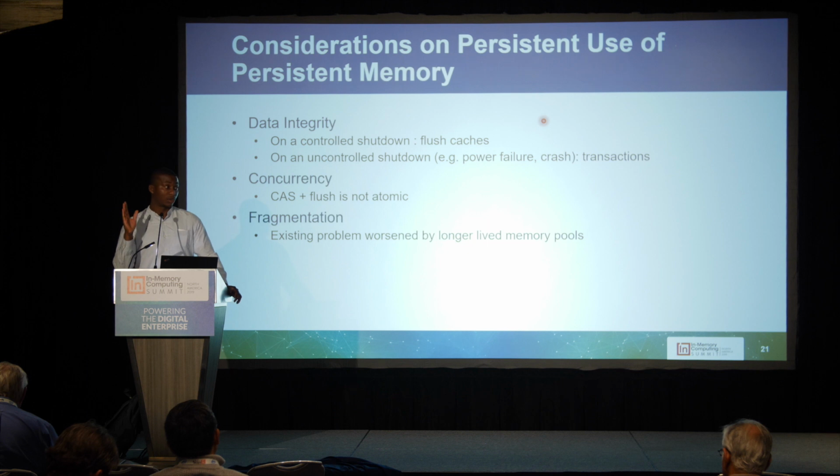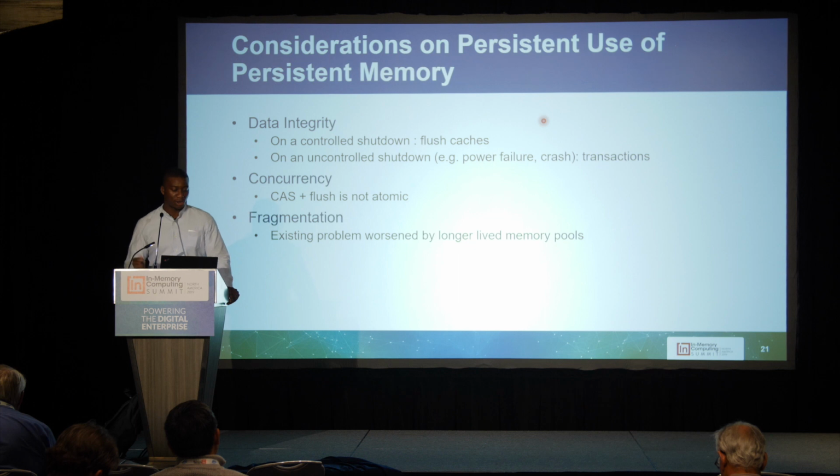So if you crashed in the middle of that combined write, it would roll back for you. So again, that's data integrity in the face of an uncontrolled shutdown. These are things that you might want to think about depending on how strict your data integrity policy is or how you want it to be for whatever you're designing.